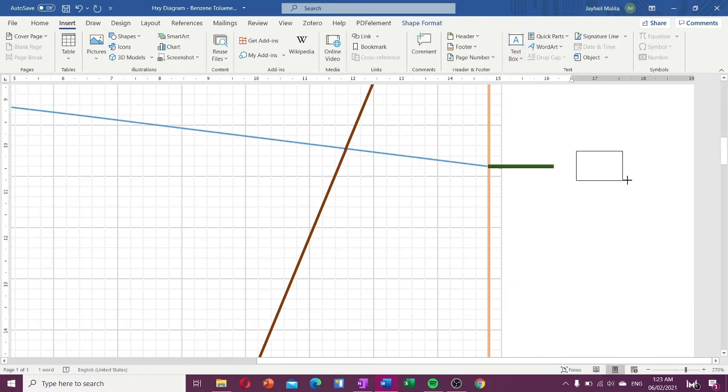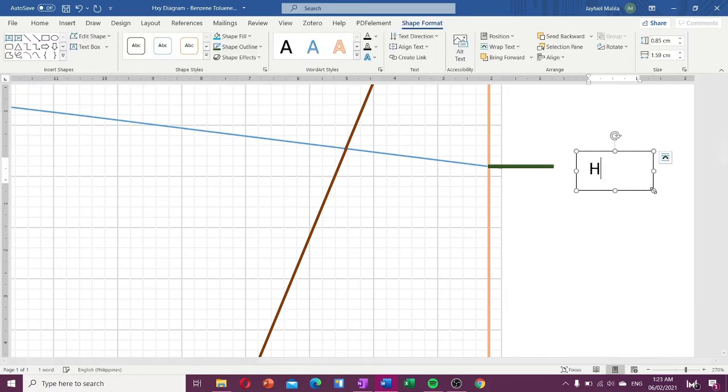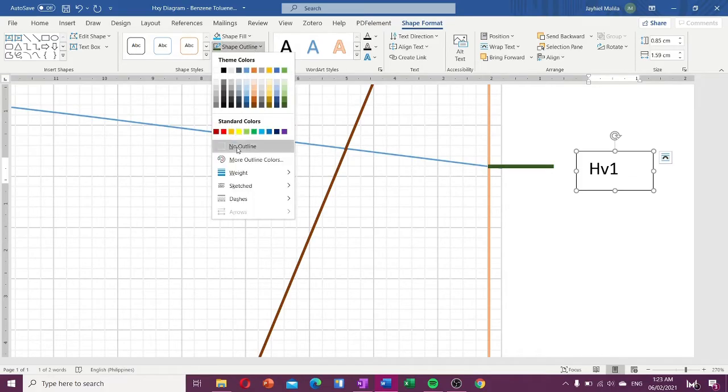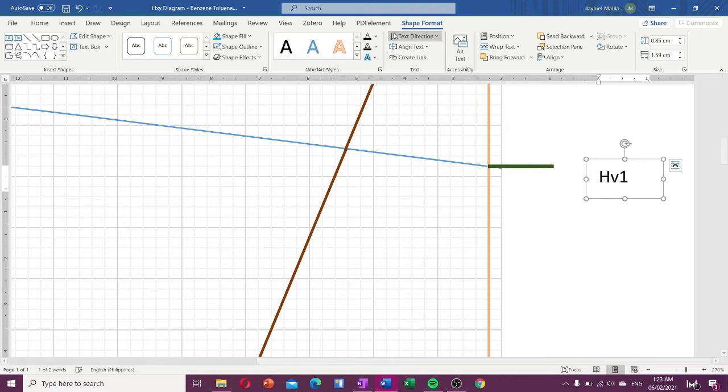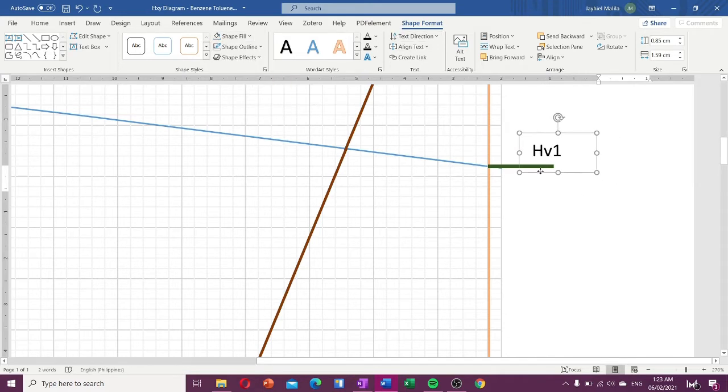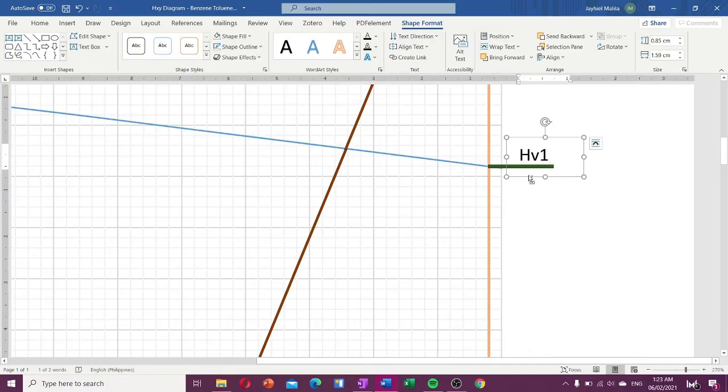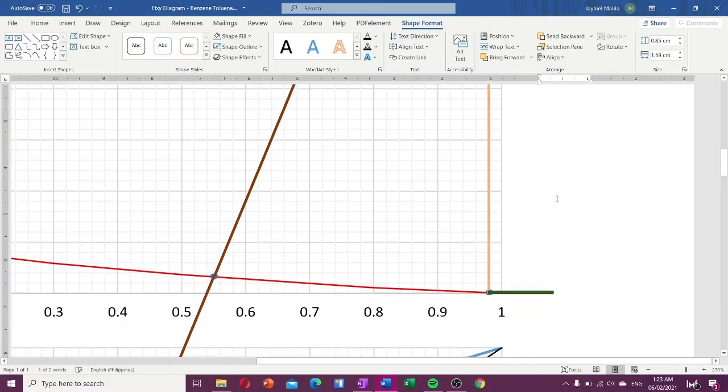I can't actually draw because if I write some drawings here in Microsoft Word, there are some errors. So this is the value of your HV1. This is the HV1 and this is the HD.